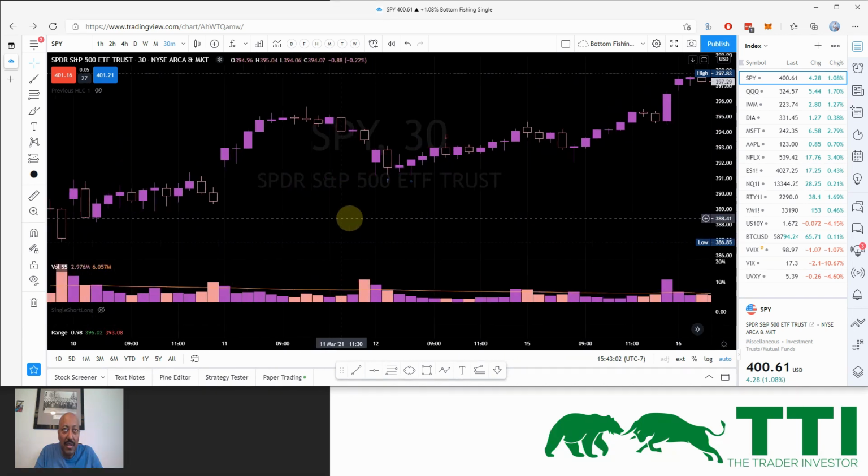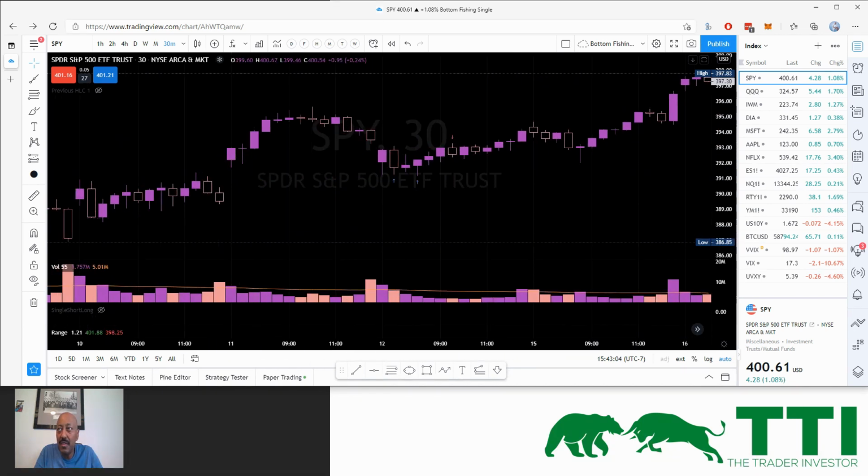So on the 11s, when I draw my support and resistance on the 11s, I already said price has come right down to that point. It opened right at that zone, right at the support from the previous day.